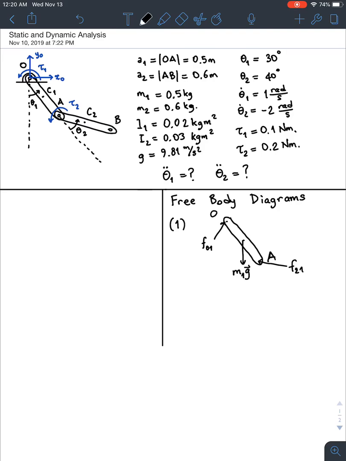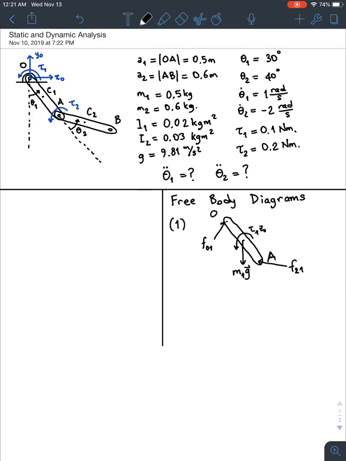There is a motor torque that is being applied, and I'm going to draw that over here as tau 1. And if you recall, tau 1 is in the common z direction of the frame. So I'm just going to say this is tau 1 in the z0 direction. Okay, so these are all the forces and torques on this rigid body.